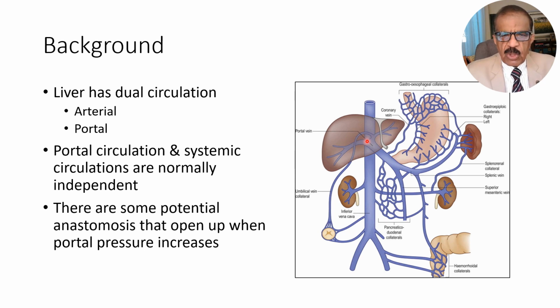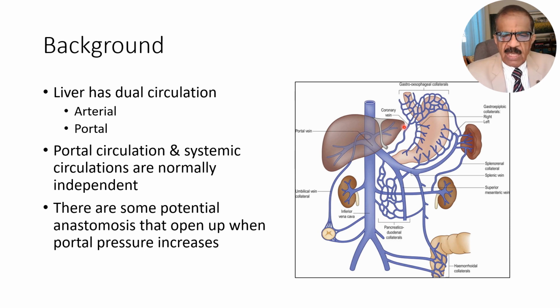If there is obstruction here, the pressure will build up. This blood will try to find other ways, and these potential very small vessels will open up and carry blood from the portal circulation into the systemic circulation, bypassing the liver.